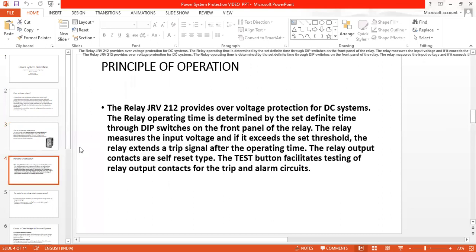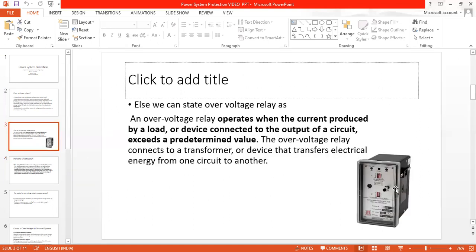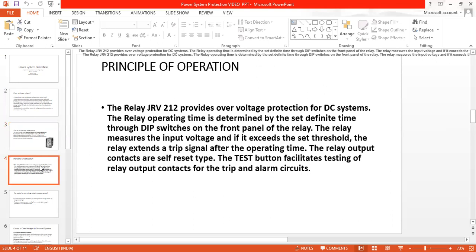Let me explain the principle of operation of overvoltage protection for the DC system. Here, the relay JRV212, shown in the figure given below, provides overvoltage protection for DC systems.